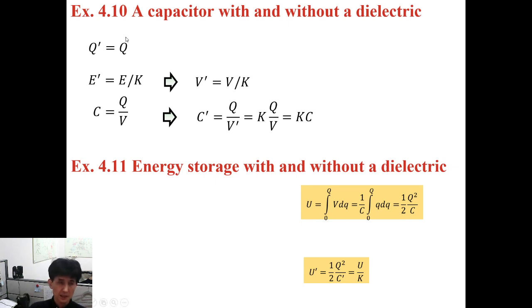But charge is same, so the purpose of a capacitor is to store charges with as small an amount of energy as possible. That's the purpose of a capacitor, and we need to make K as large as possible.